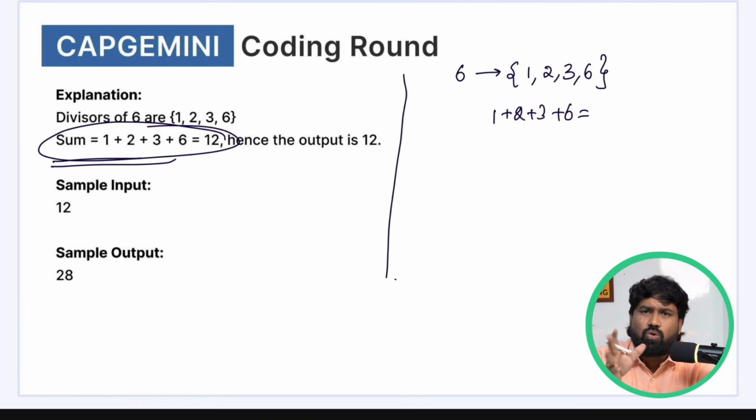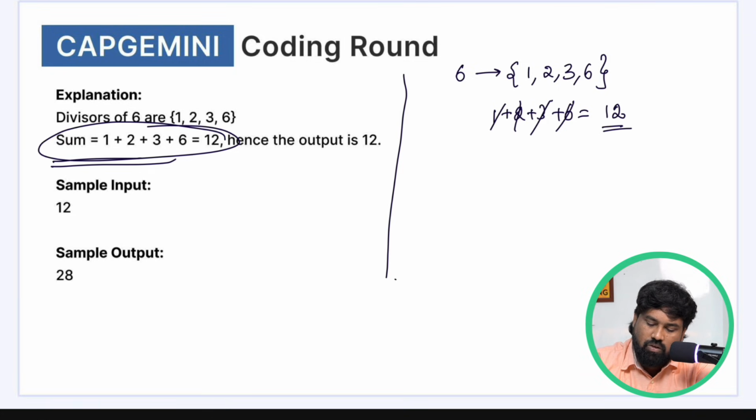They haven't said to exclude the number itself or to exclude 1. They said from 1 to n, whatever number divides, add it. So the answer will be 12. Here 5 plus 1 is 6, 6 plus 6 is 12. So total 12 we need to print as output.